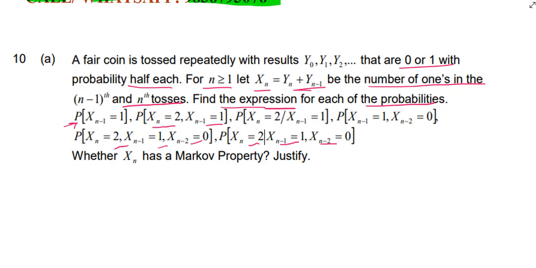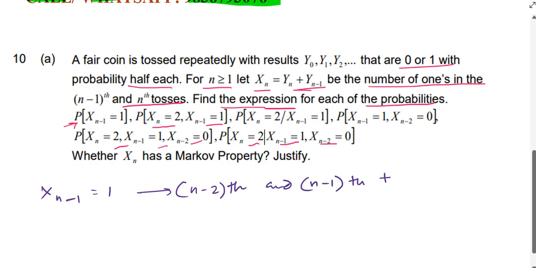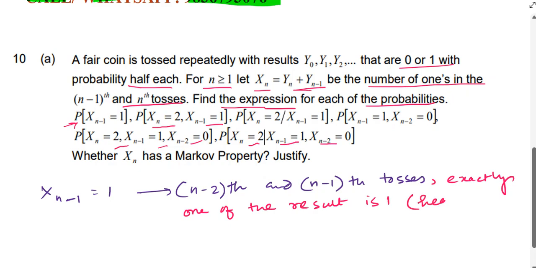What does xn minus 1 equals 1 mean? It means that in the n minus 2th and n minus 1th tosses, exactly one of the results is 1, that is, head.